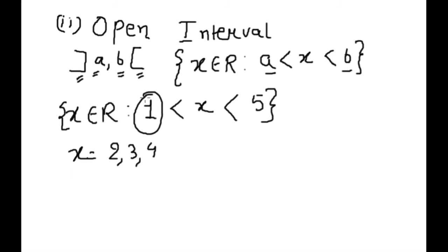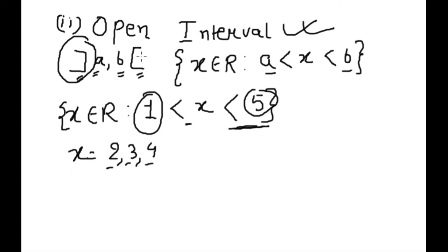We will not include 1 and 5 because this is an open interval and this is not equal to 1. This is greater than 1. Greater than 1 means 2, 3 and 4 only, because this is also less than 5, not equal to 5. This is called an open interval and we will represent it with open brackets on both sides.